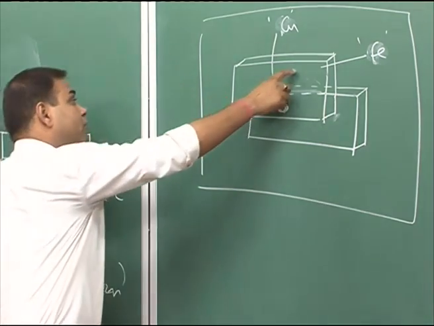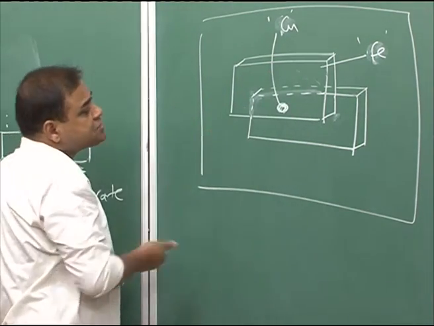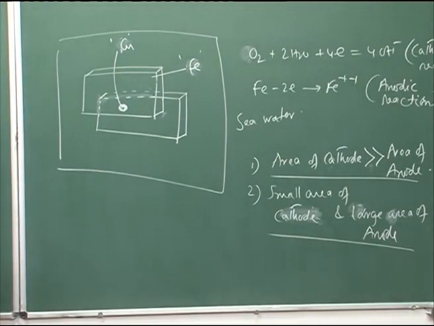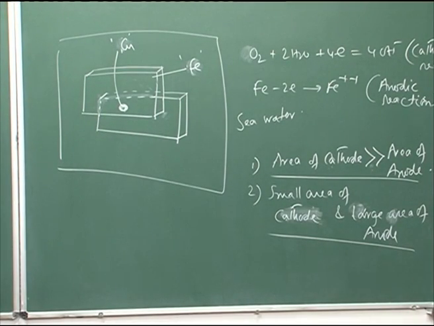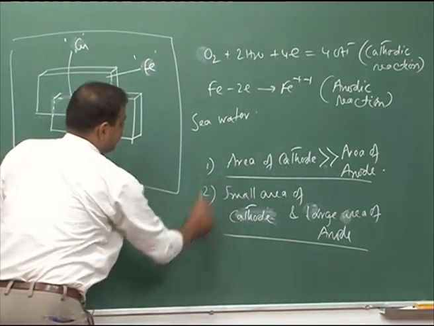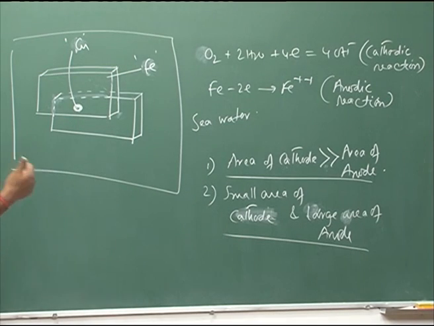Still the corrosion of the iron plate would occur, but at a much slower rate compared to the previous situation. So, the main point is we have to have a situation where the area of the cathode should not be more than the area of the anode.